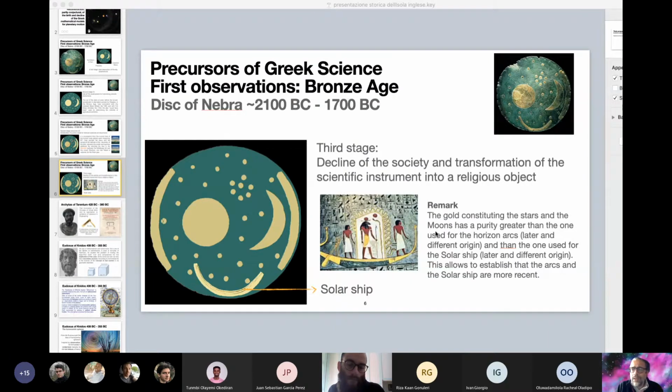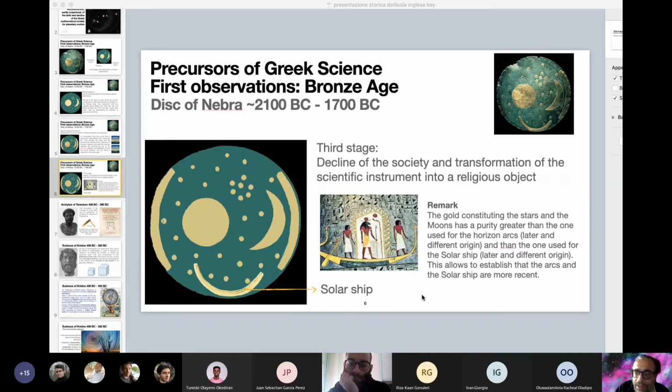Now, you should remark that the gold constituting the stars and the moons has a purity greater than the one used for the horizon arcs, which have a later and different origin, and it is also greater than the one used for the solar ship. Okay, so we can know for sure that the solar ship and the arcs are more recent.